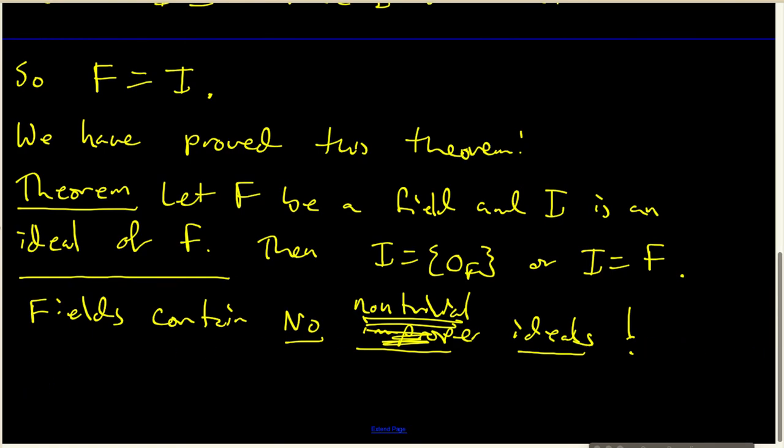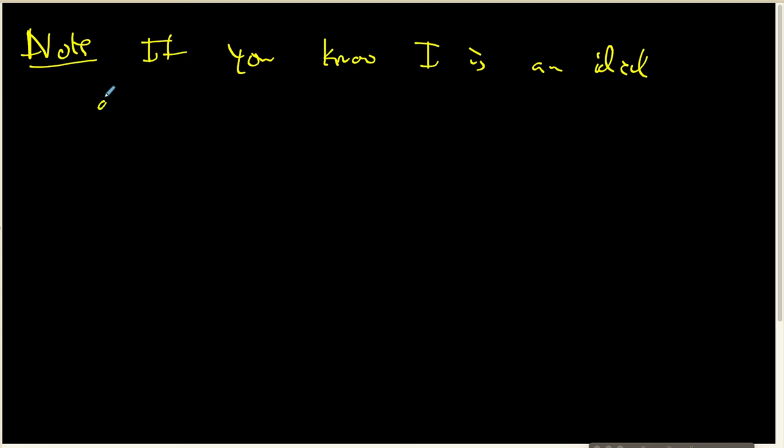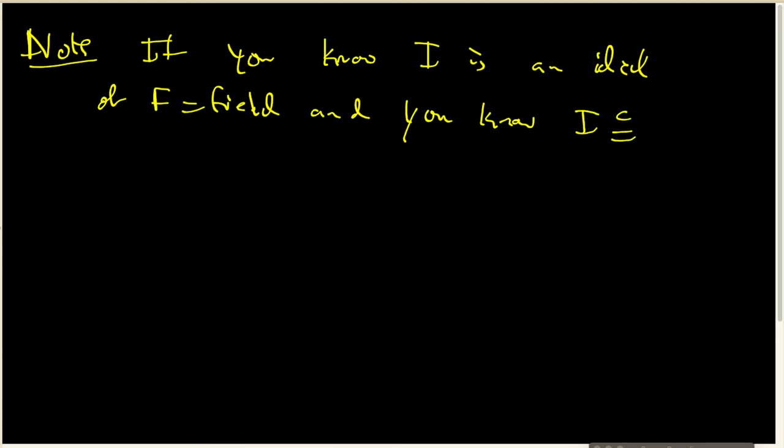There are some important implications of this. So it's important to note, if you know I is an ideal of a field F, and you know I is not equal to all of F, then I has to be just the zero ideal.